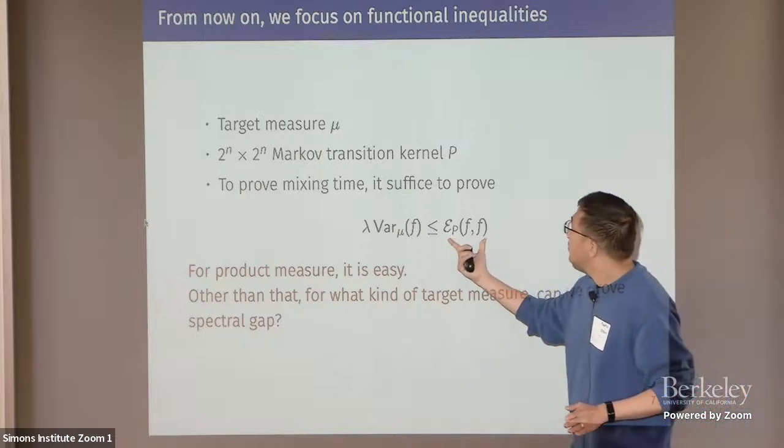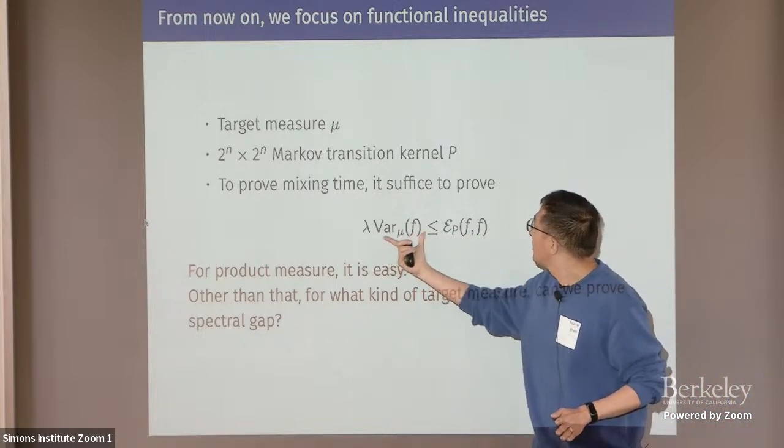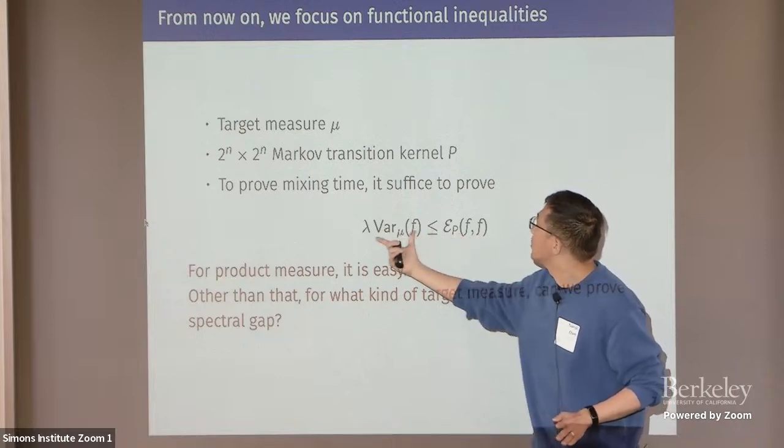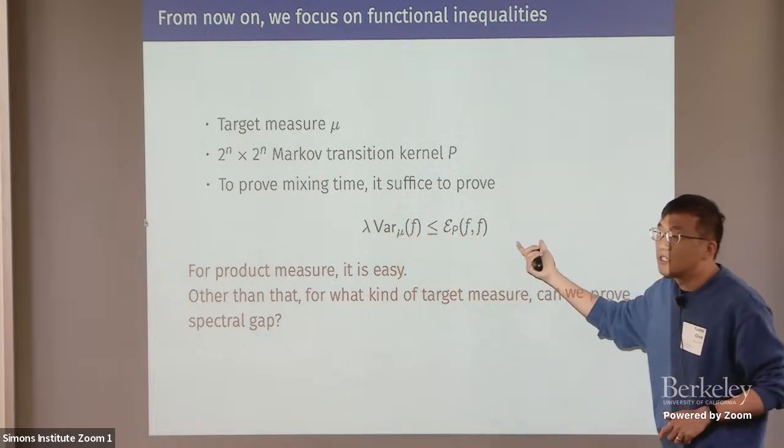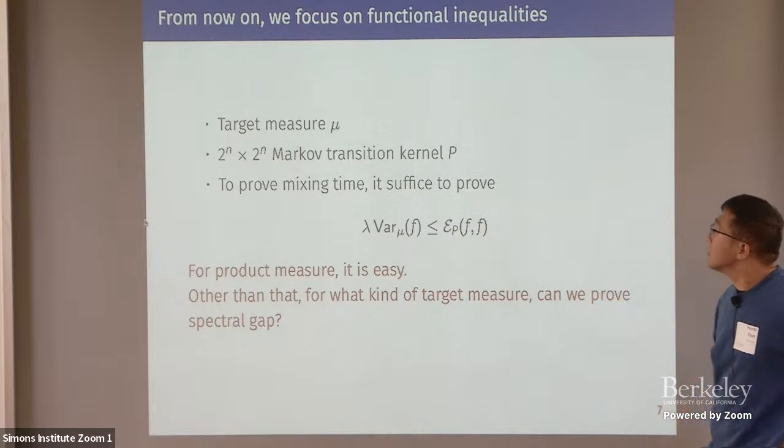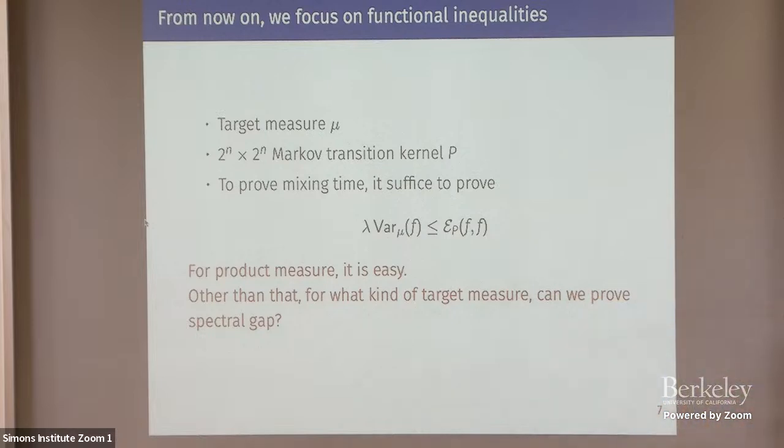You can see that to understand this Poincaré inequality, if you write out the matrix, it's just trying to understand the second largest eigenvalue of your transition kernel. But the problem is this matrix is too large, and to get a good analysis of the second largest eigenvalue of P. For a product measure, it's usually easy, and you can understand each coordinate independently.